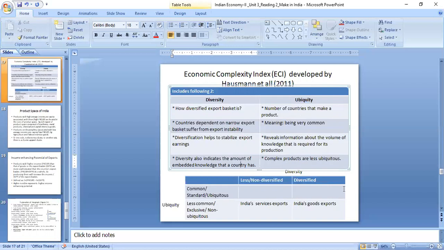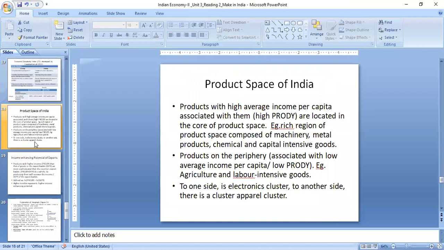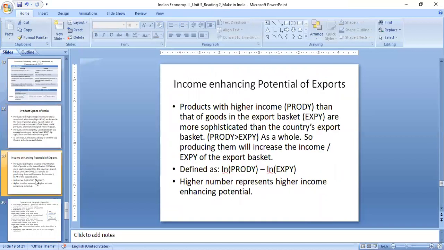Now this table discusses India's exports status, that is India's goods exports are diversified, but they are at the same time non-ubiquitous also. But when we talk about services exports, they are less diversified and they are exclusive as well. Okay, so this we will be doing in the next section.